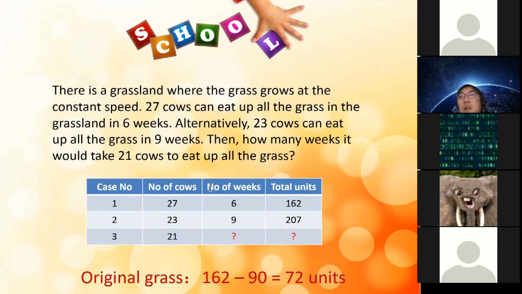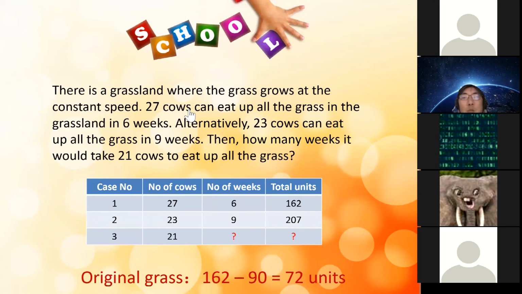Then that means in one week, these cows will eat 6 units, right? I understand that you are new to this kind of problem. Maybe it's a little bit hard for you, so I keep reminding you what a unit is. We define the unit.